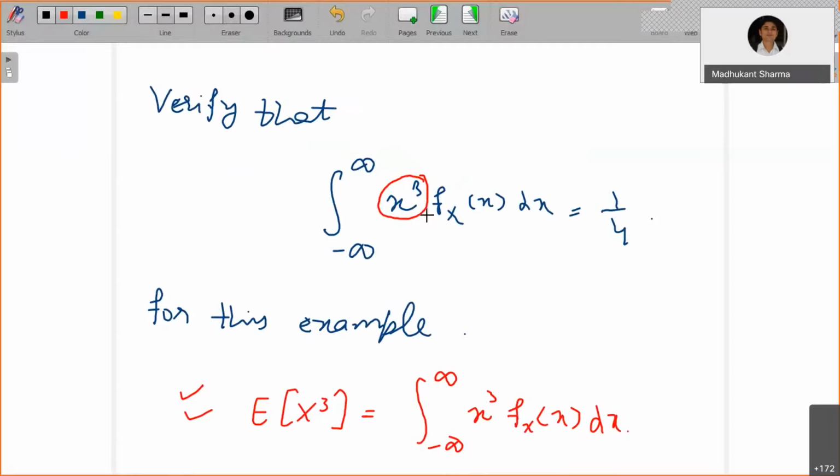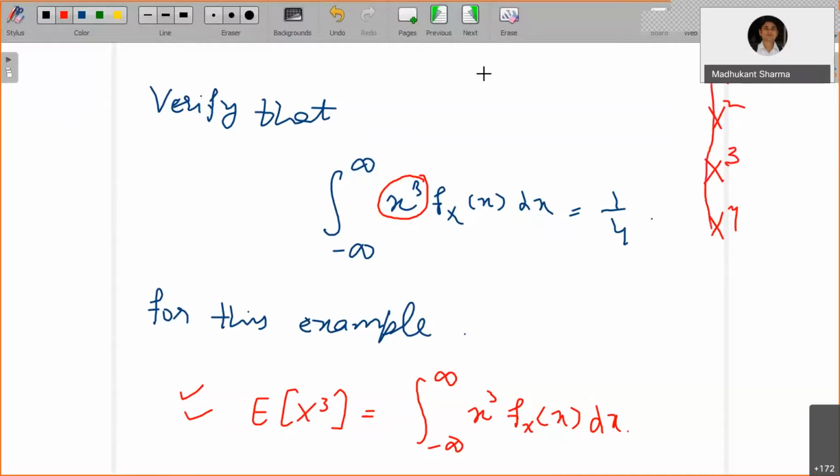If you have x square, you multiply by x square. If you are talking about the random variable x, you have x here. When you have x square, you will have x square. If you have the random variable x cube, you will have x cube here, then x power 4, and so on.